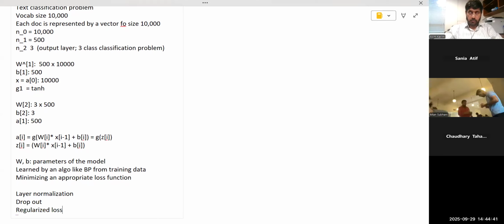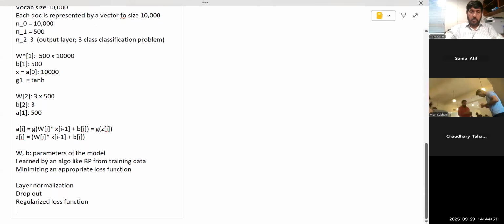Regularized loss function use करते हैं. ठीक है, उसमें रेगुलराइजर यूजली वेट्स का कोई एडिशन कर देते हैं लॉस फंक्शन में. ठीक है, ड्रॉप आउट मैंने कह दिया. नॉर्मलाइजेशन के बाय द वे मल्टीपल टेक्निक्स हैं. And then of course handling vanishing gradient, exploding values handling भी आपको करनी पड़ती है.